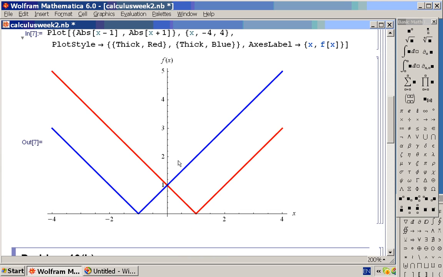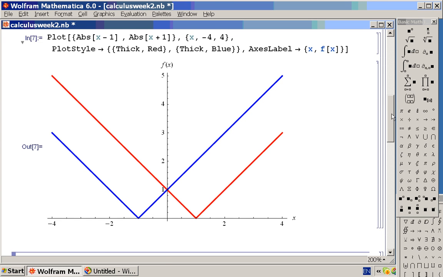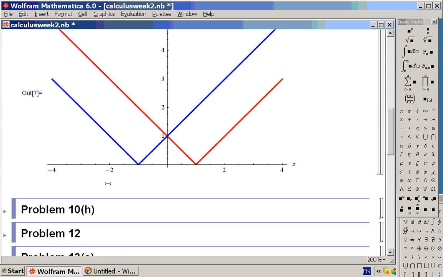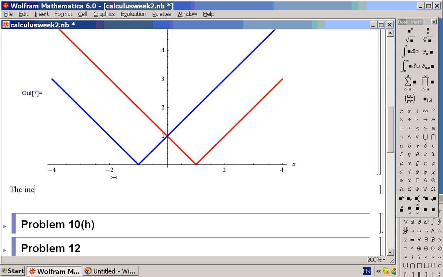So we can see that that occurs in this region here, and remembering that it's a strict inequality, we can write the inequality is satisfied when x is greater than 0, which is here. So that's the solution to that problem.